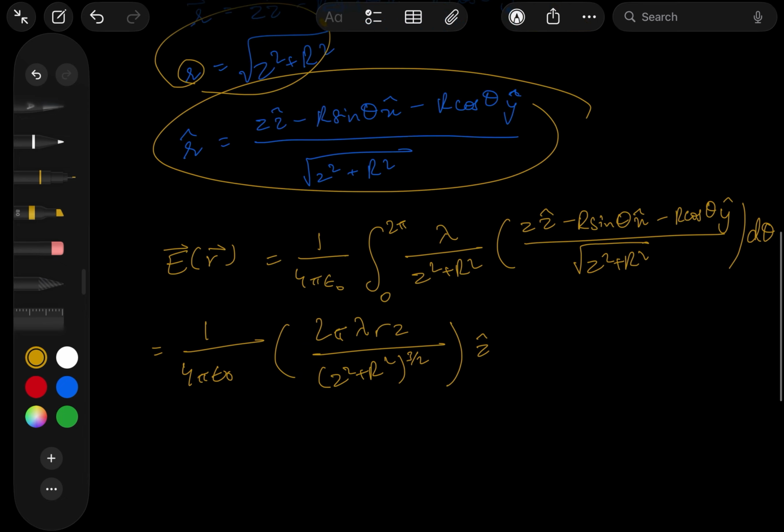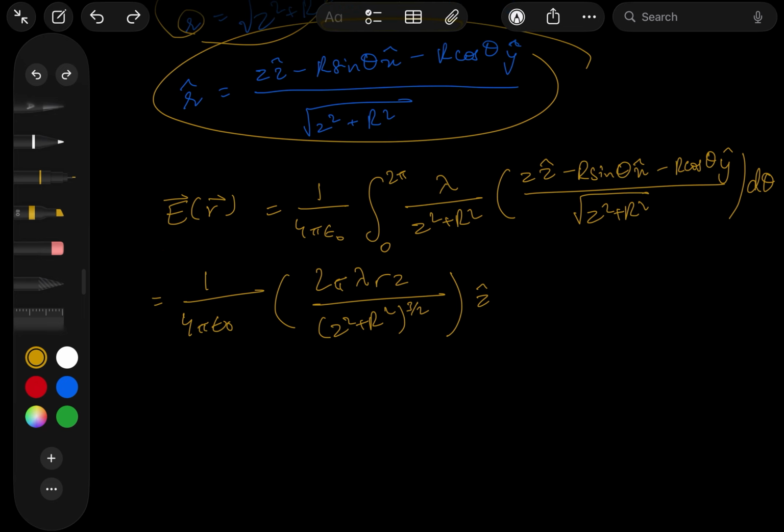So this integral is something that we can resolve just by taking these into account. It's a fairly simple integral, and we get this as a result.